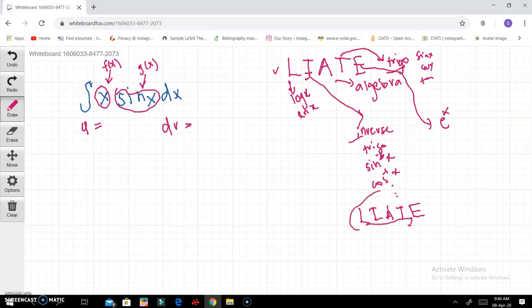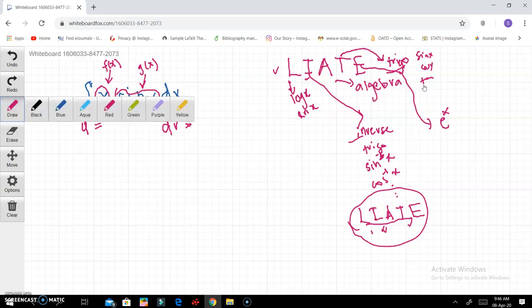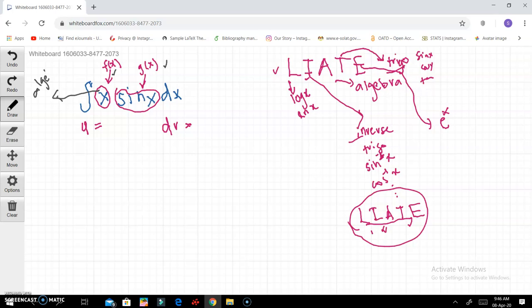Basically, that will be the value of your u. So if we look back into our functions f(x) and g(x) here, the x here represents the category of algebra.